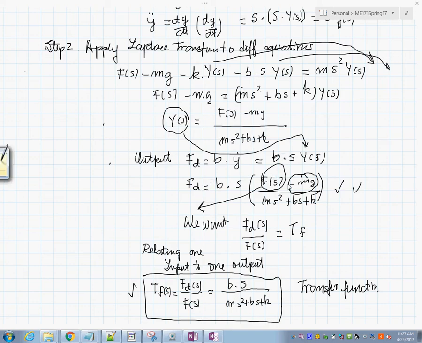Perhaps to make it a little more understandable, because it comes from here, and we are not taking into consideration the weight. Perhaps I went too fast on that.